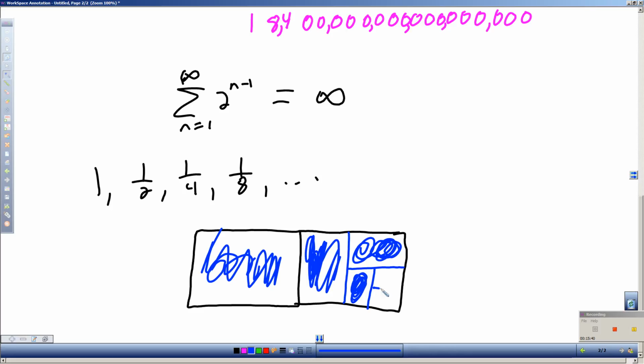Plus 1/16. That'll be 1. That'll be 2. Plus this one, and keep repeating this over and over again to infinity. We add them all together, we get 2. So this one, we can add up an infinite number of numbers, and we don't get infinity.